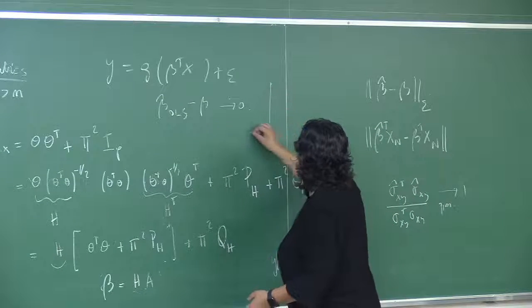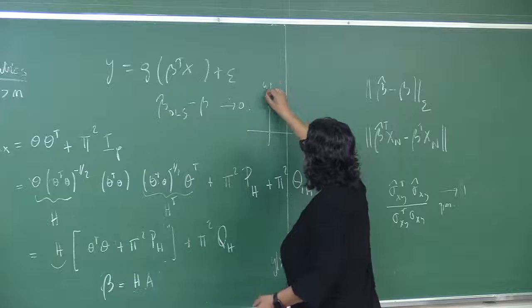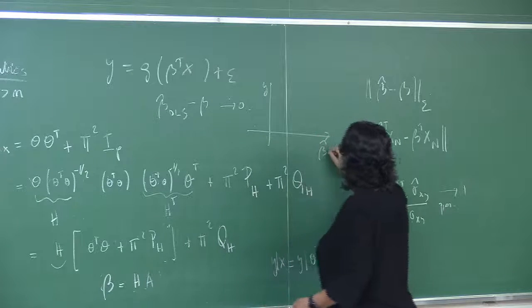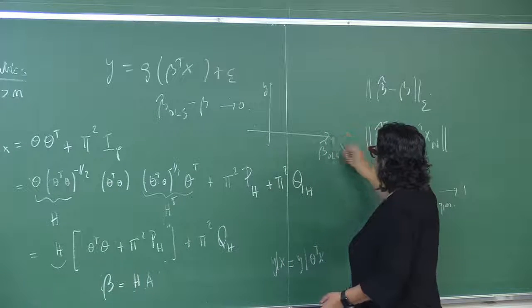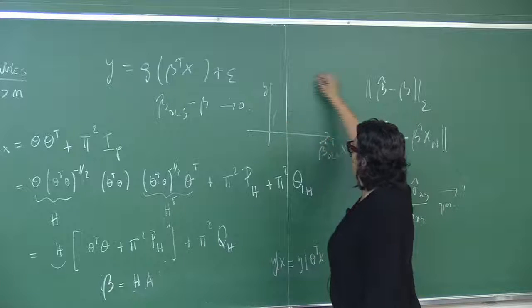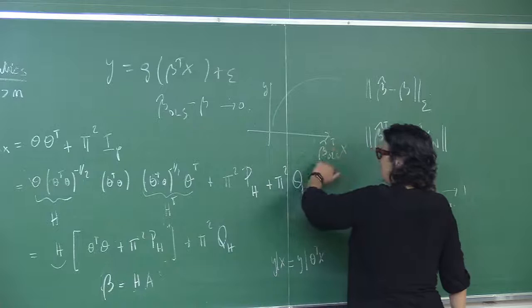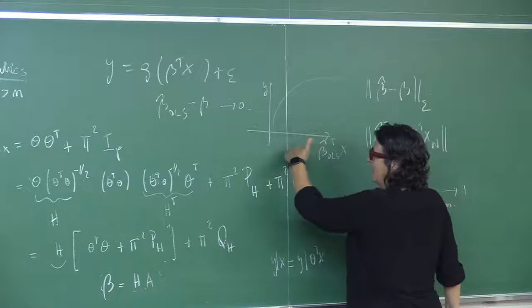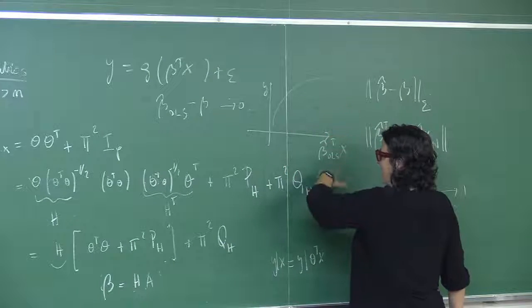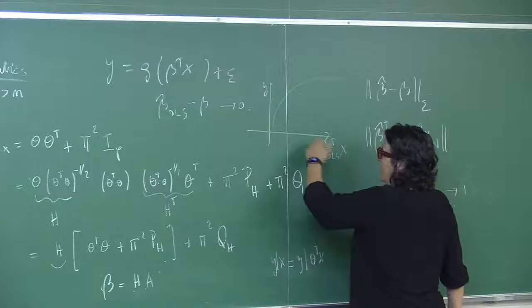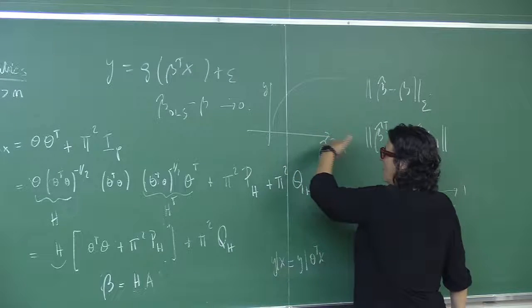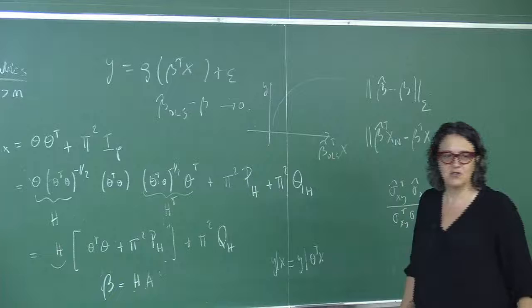Once you compute the OLS, you do y as a function of beta hat OLS x, and this gives you something like that. Then you can predict y as a function of this using nonparametric, making, I don't know, a parabola or whatever, but you can do y as a function of x.